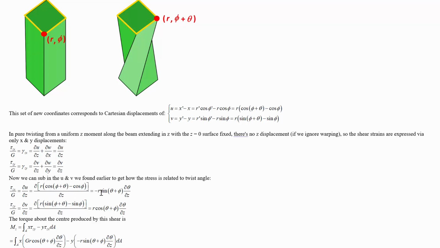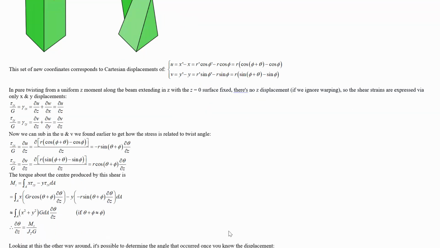Derivative of cos is negative sine, so negative r sine theta plus phi d theta by dz. And that's the zx shear stress that's equal to that, and the zy shear stress will be r cos. Once you differentiate the sine, we'll take r cos theta plus phi d theta by dz.